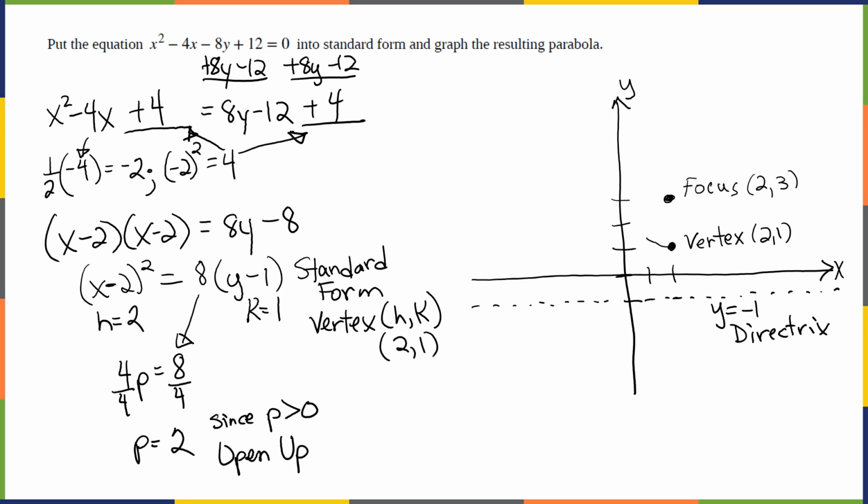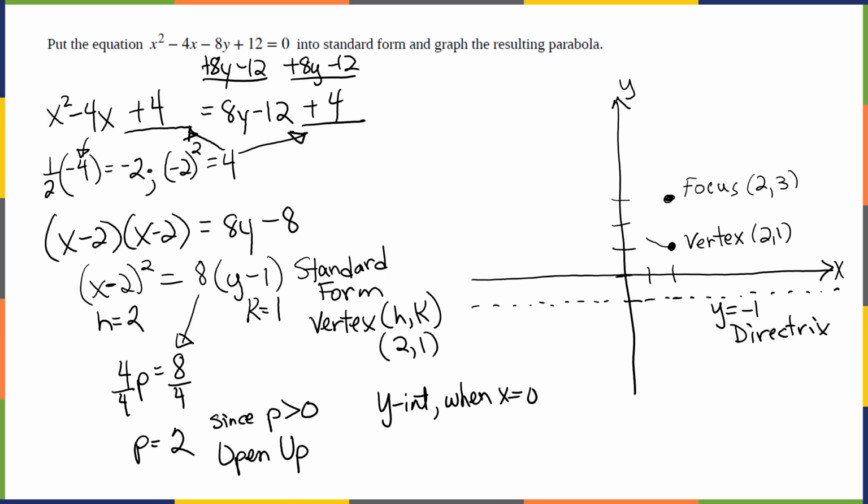It would probably be a good idea to at least find out, since we're about to cross the y-axis, what the y-intercept would be equal to. The y-intercept, remember, is when x equals 0.